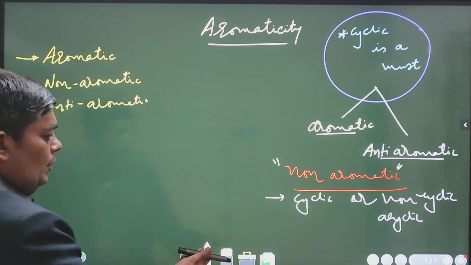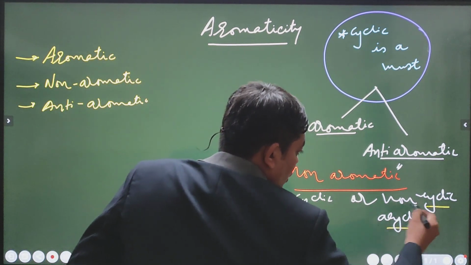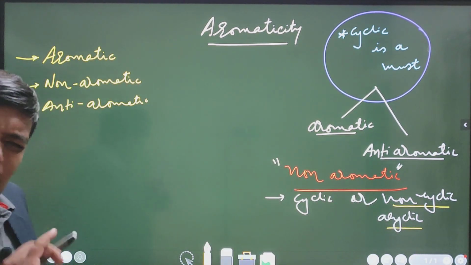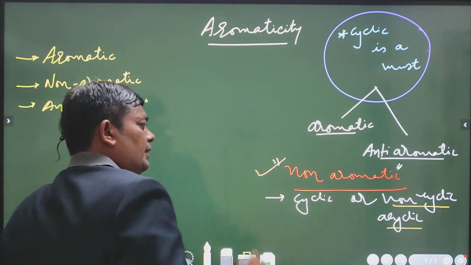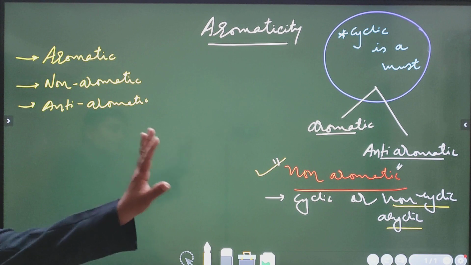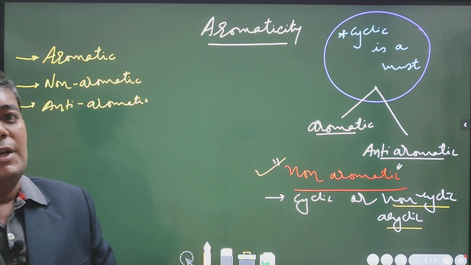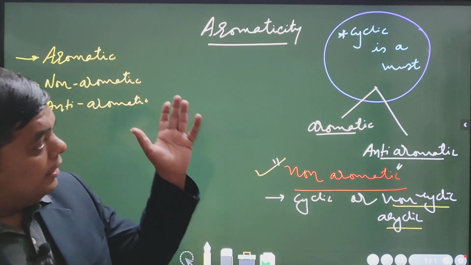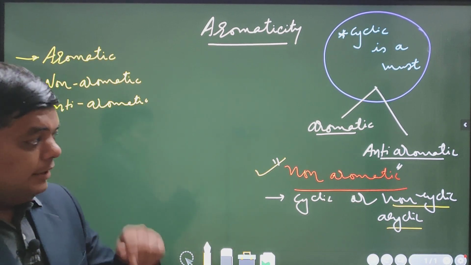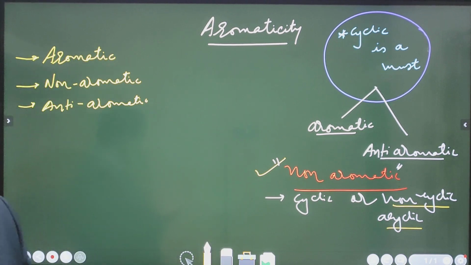But if at all, very precisely, we are talking about acyclic or non-cyclic structures, be very accurate in answering, it will be non-aromatic. So this is the first fundamental base on how to differentiate between the two fundamental classes, whether it is aromatic, anti-aromatic, or it has to be non-aromatic.